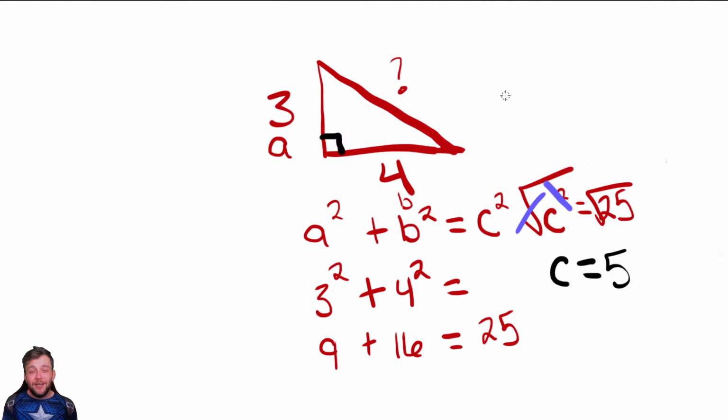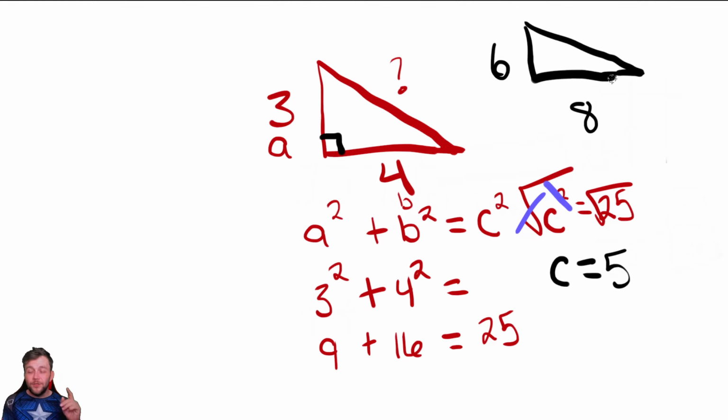If I went 6 and 8 on my triangle, you should be able to look at this triangle and just tell me what the hypotenuse is.